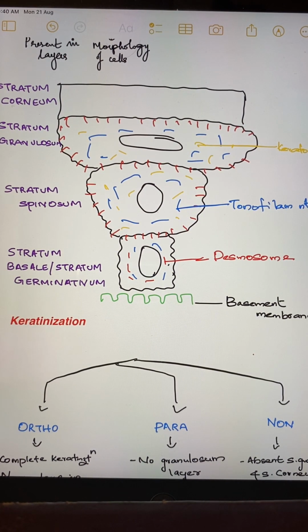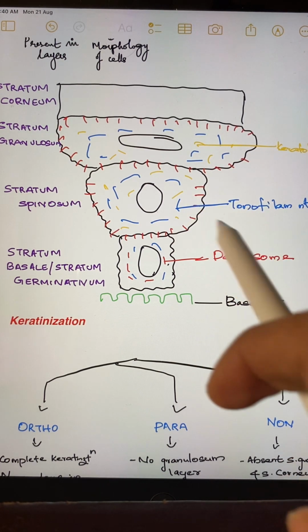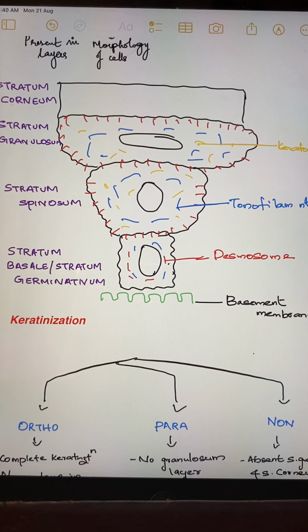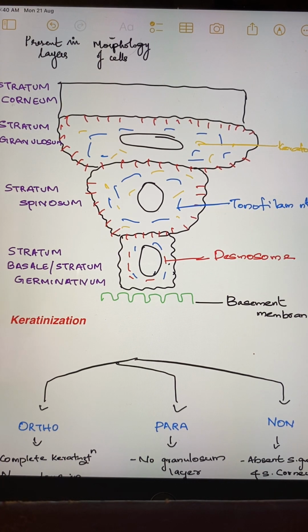This contains certain basophilic keratohyalin granules. And here the nuclei show certain signs of degeneration, and pycnotic nuclei can be seen. And Ortolan bodies, these all are features of the upper spinosum layer. Then above is the granulosum layer that I discussed now.